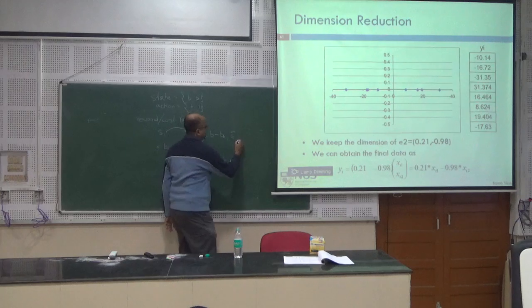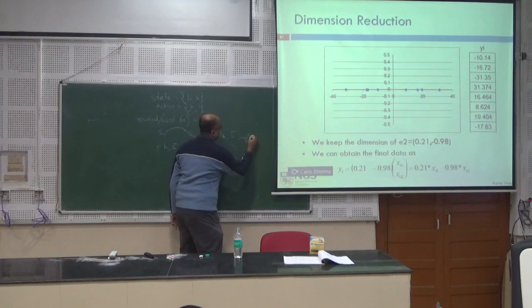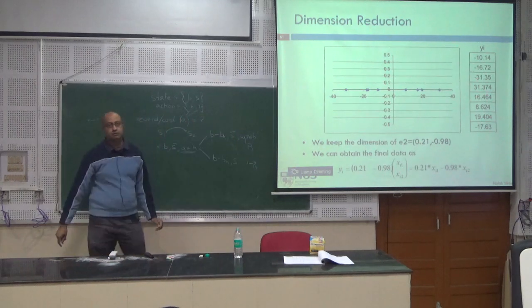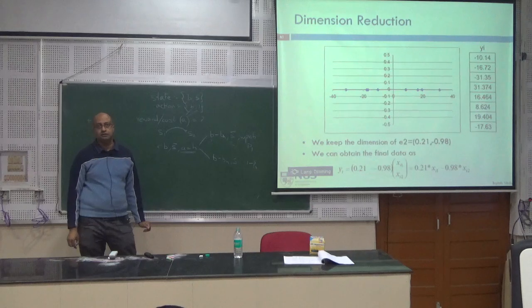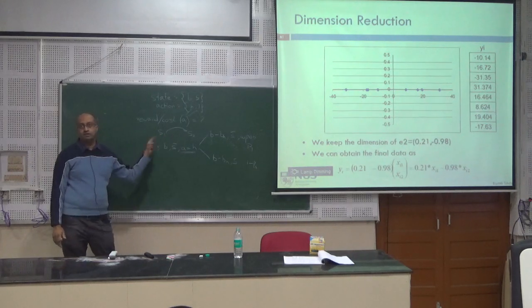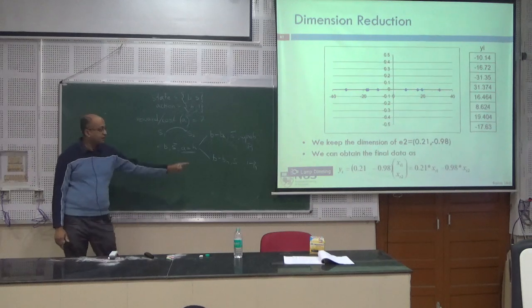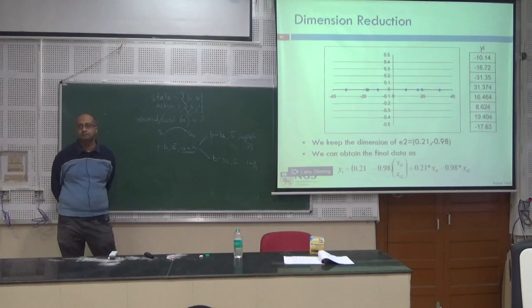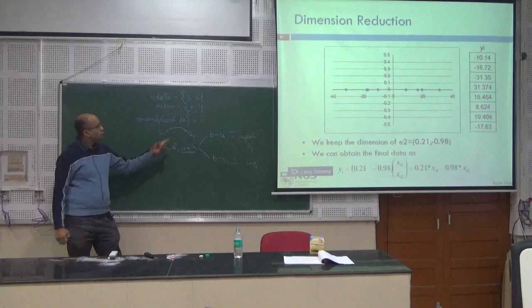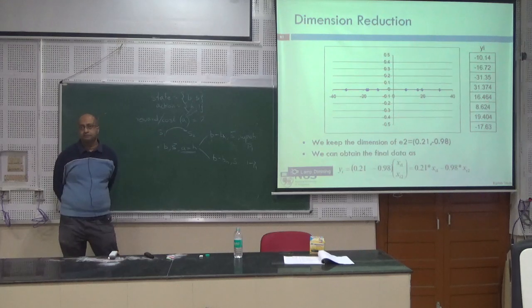This happens with probability, let's say P1, and this will happen with 1 minus P1. So now there are probabilities associated. What I'm doing now is, I have a state transition matrix, and it has probabilities associated with it.